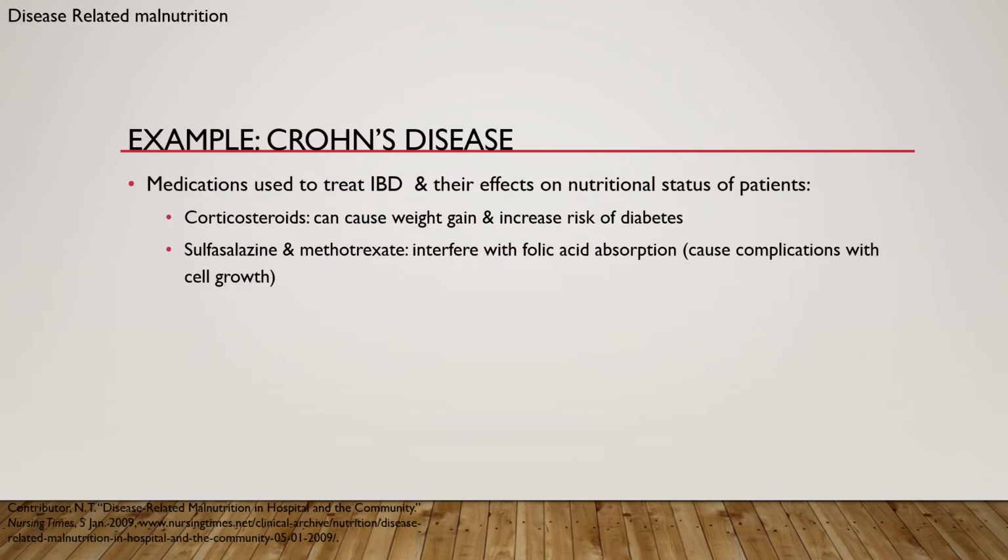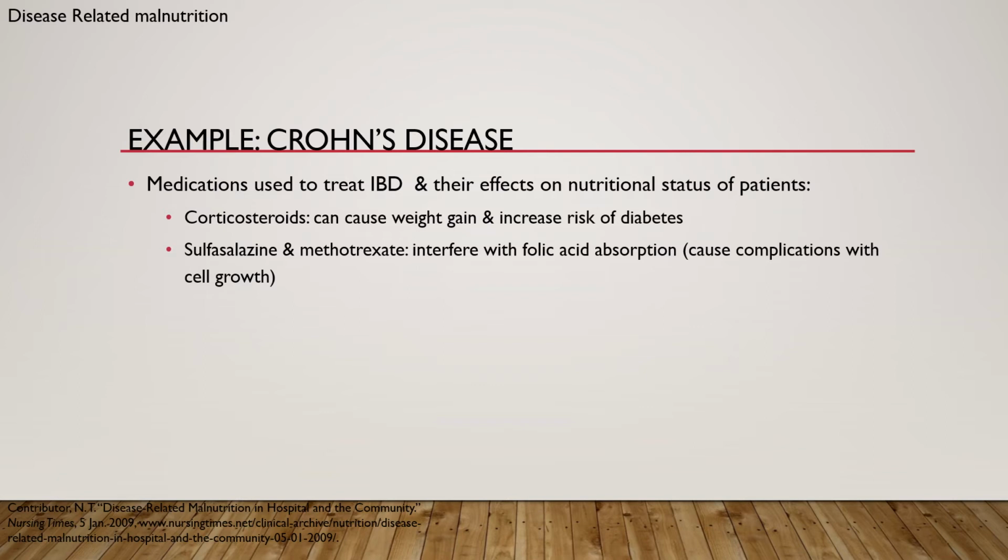Moving on, we have to remember that disease-related malnutrition can also be caused by the treatments for these diseases. For our example, Crohn's disease, there are 3 medications that we will look at which are meant to treat this disease, but also have an effect on the nutritional status of the patient.